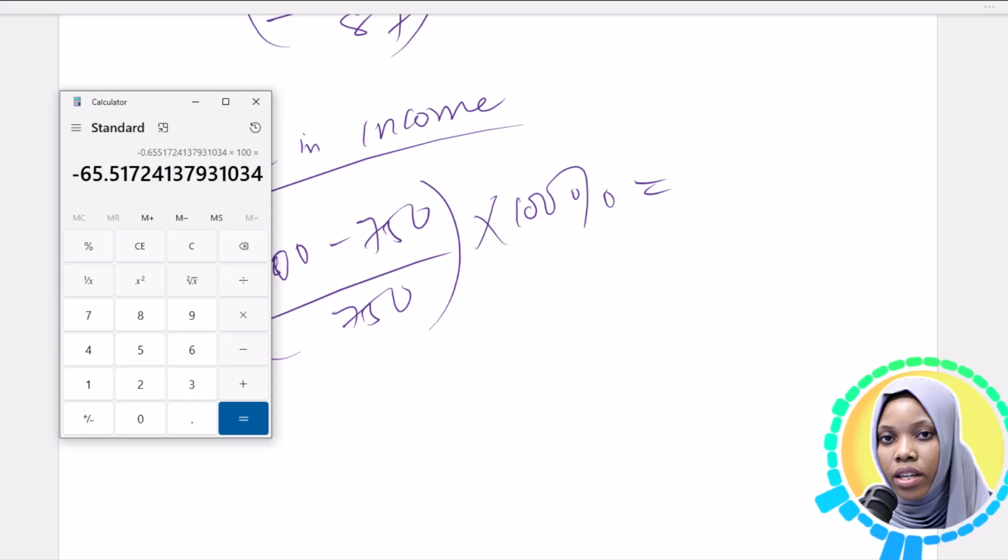Let's get our calculator. It's 900 minus 750 divided by 750.